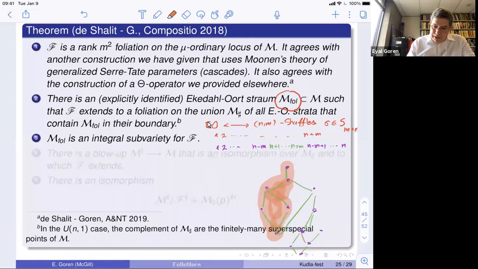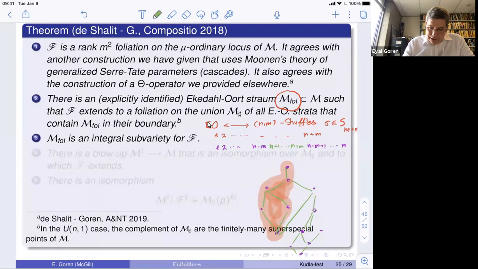But there could be strata of rather high dimension, in fact of codimension at least 2, on which the foliation is not defined. So yeah, that's the picture.